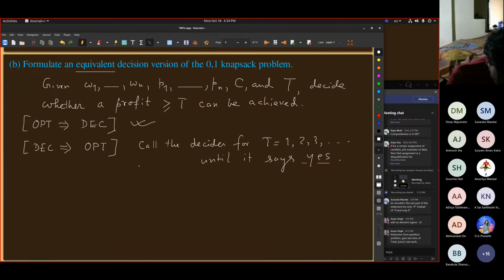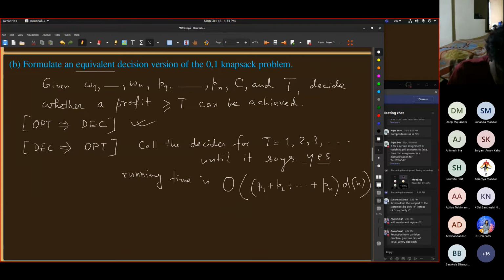Good. So this running time is big O of P1 plus P2 through Pn times the decider's running time, which may be d of n. This is a polynomial in n. So is this quantity polynomial in the input size?